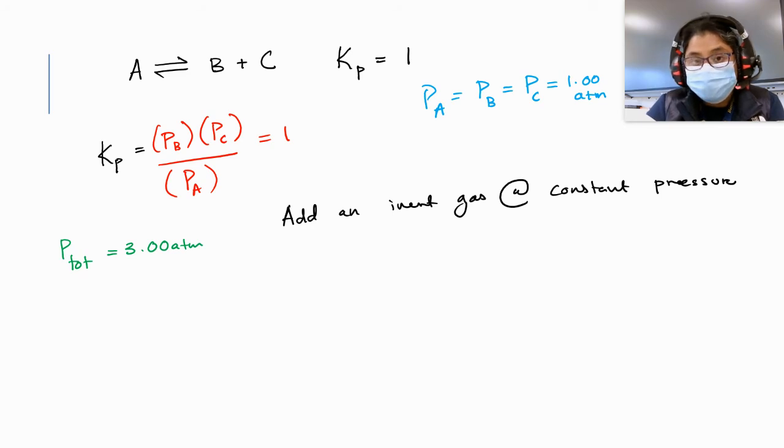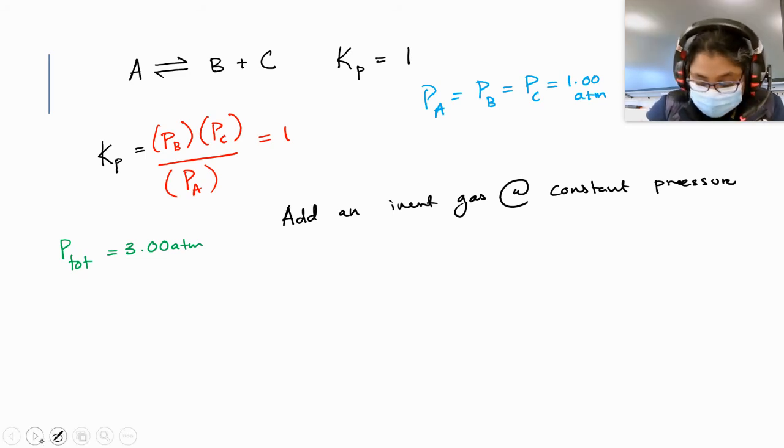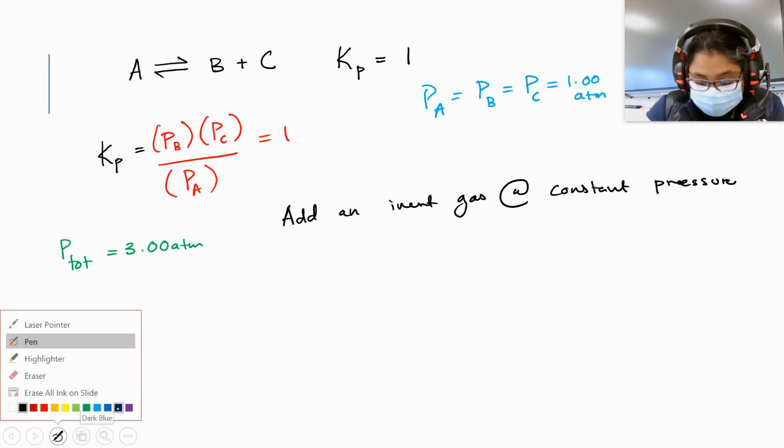Your P total cannot change because we want to keep the pressure constant. We want to keep it at 3 atm. So the partial pressures therefore have to change because now you're adding an inert gas to the mix, okay? So let's add inert gas D. I'm going to say the inert gas is D.